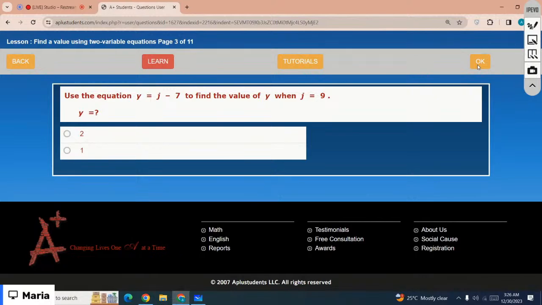The correct option is 9 minus 7, and 9 minus 7 is 2. So the correct option is 2.